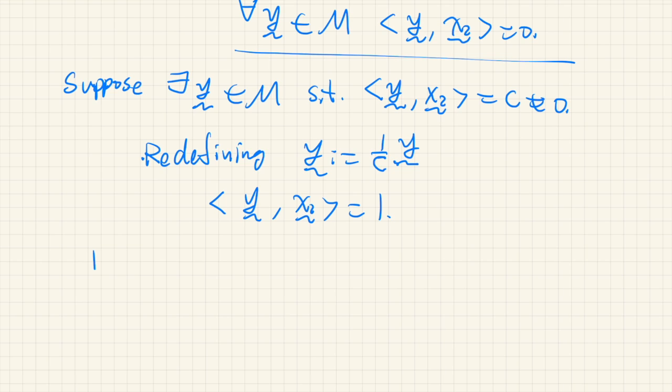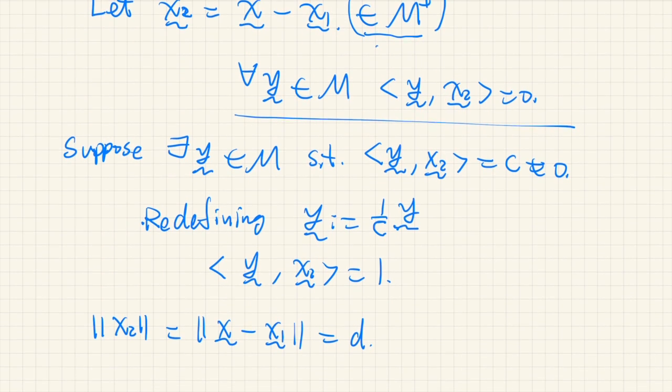We note that the norm of x2, which by definition is x minus x1, is equal to d, the distance between x and the subspace M, the minimum distance.